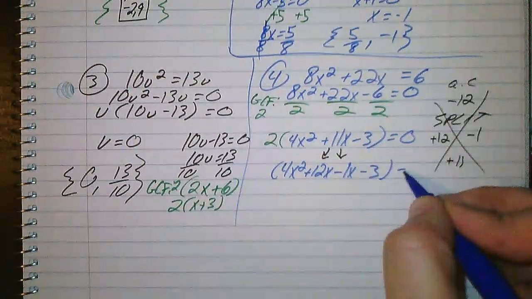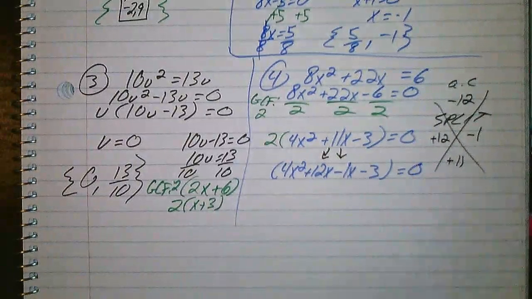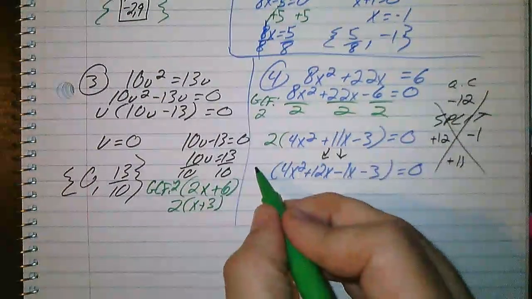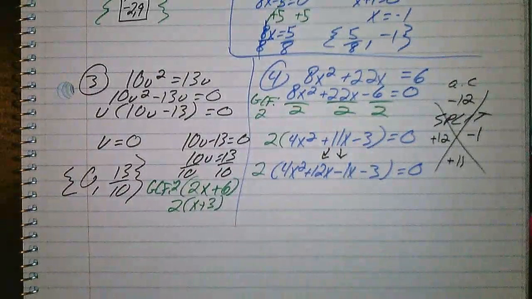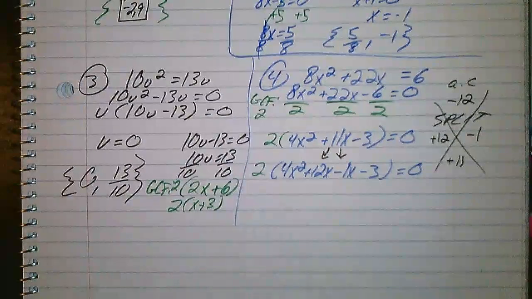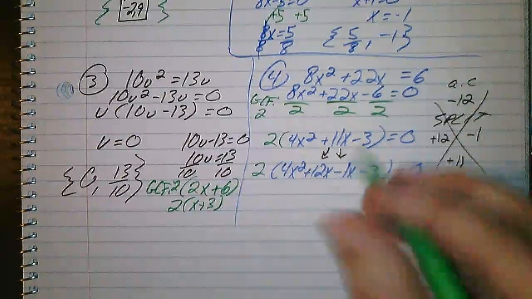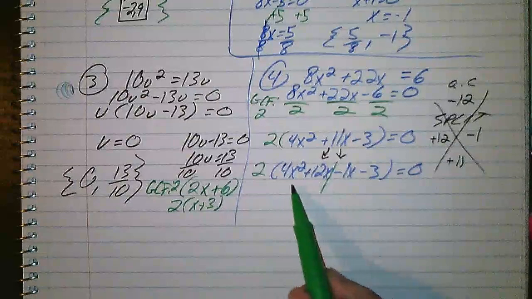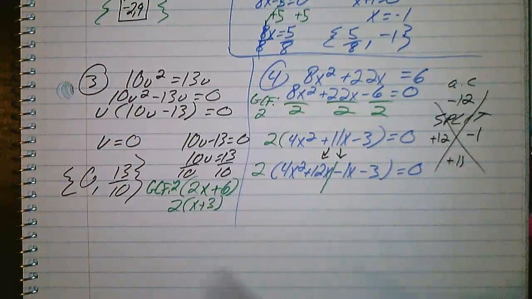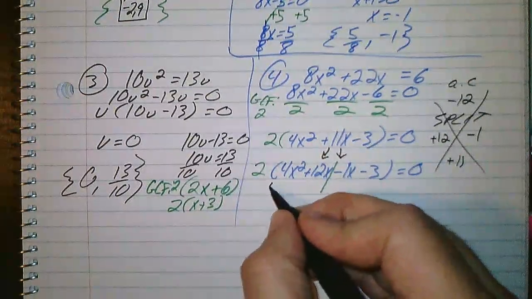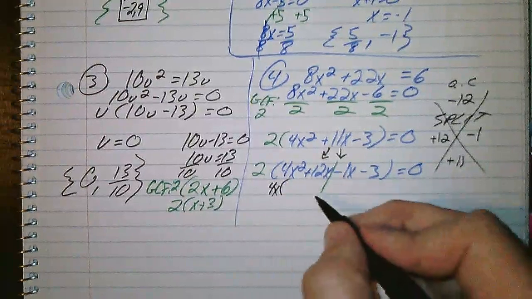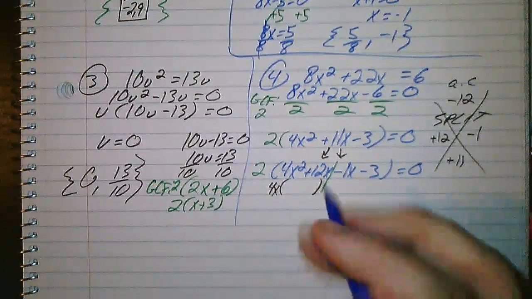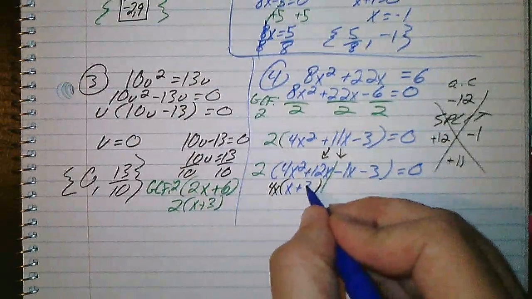Now, we still are set equal to 0. We do still have this GCF of 2, and we'll talk about it in a second. But let's factor this via grouping. Out of 4x squared plus 12x, I can factor out a 4x, leaving me with x plus 3.